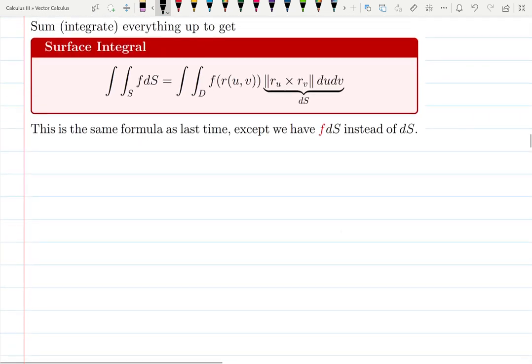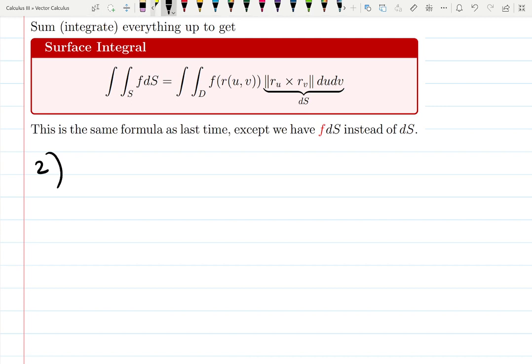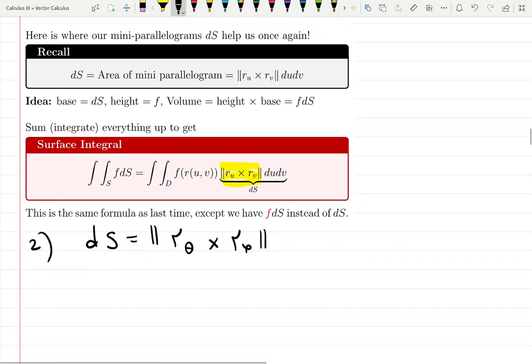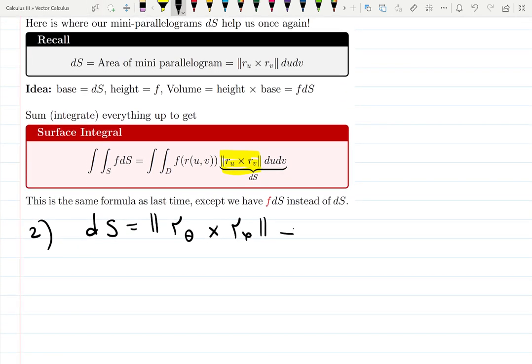Step 2, let's do the part in yellow. Let's figure out dS. dS is r derivative with respect to theta, cross product r derivative with respect to phi. And for that, we already have this example before. We did it last time, so I don't want to spend too much time on that.